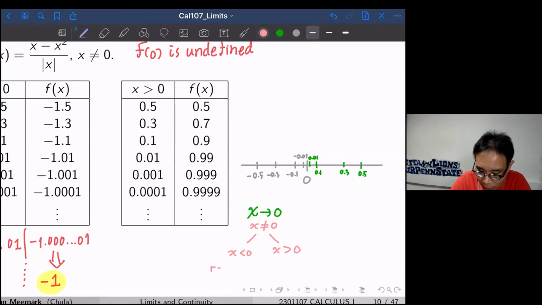So again I use the word really close. It's going to be really close to 0.